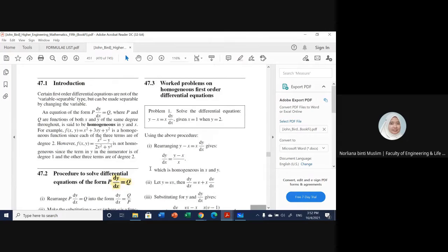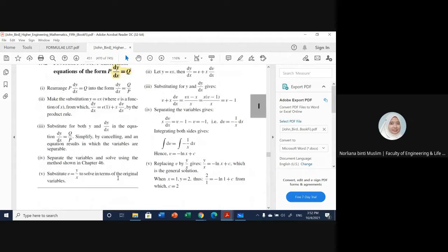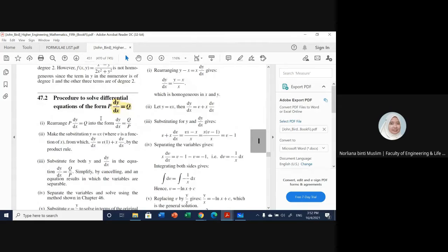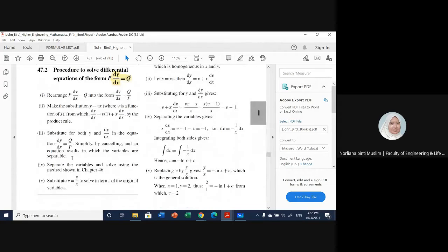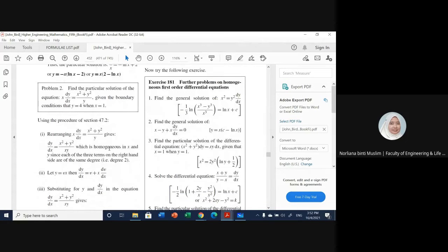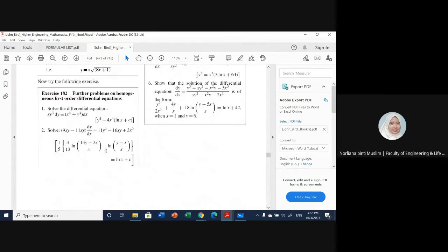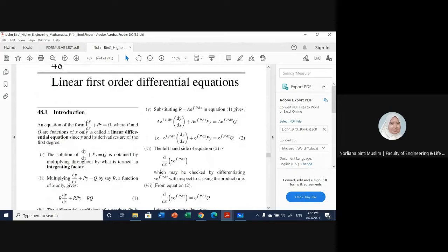So this is the fourth form, and here we don't have a basic form of the general solution, but there is a specific or special technique to get it, we call it separation. And then this form, this is the fifth one, but this is linear.